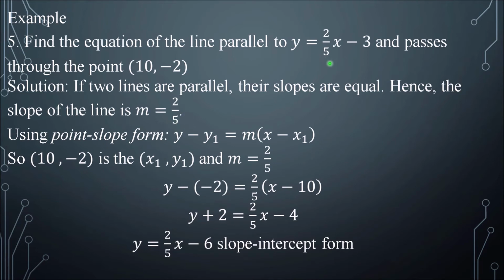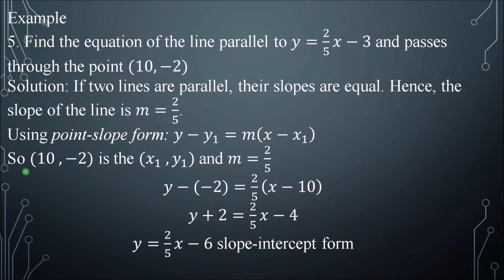Therefore, the slope of the line that we need to find is also 2 fifths. So we have this slope already, 2 fifths, and then we have the point 10, negative 2. So we will use point slope form.